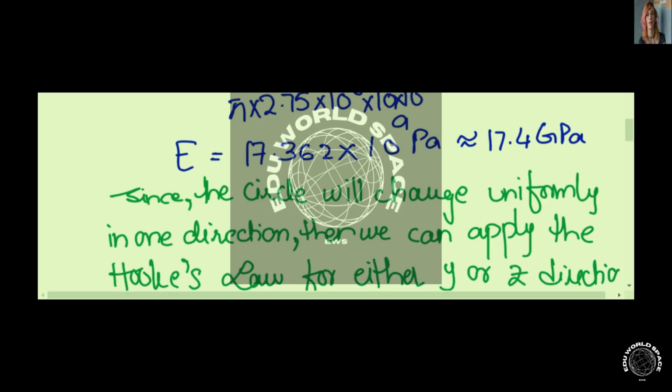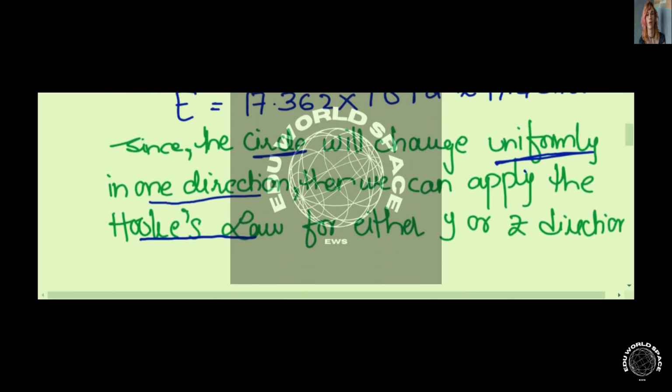The circle will only change uniformly in one direction, so we can apply Hooke's law. And we will apply it because we also want to know the change in the radius.